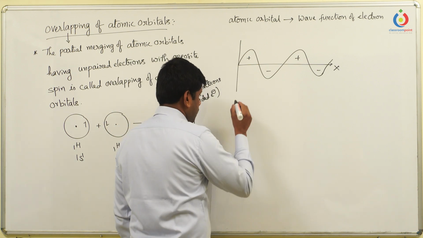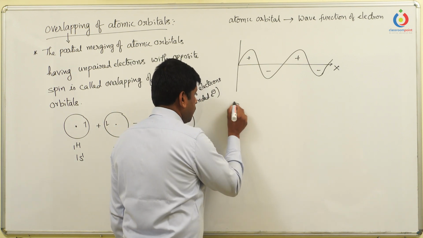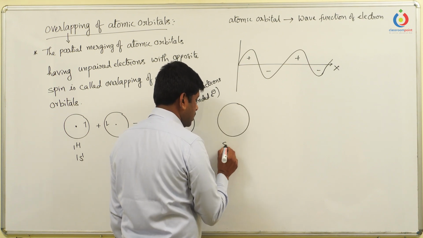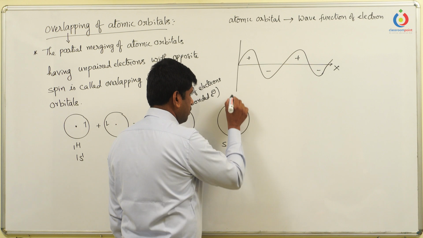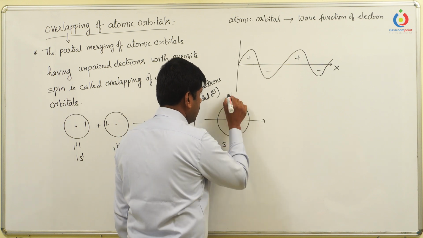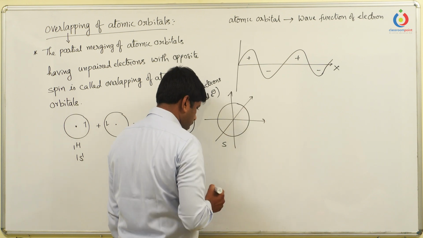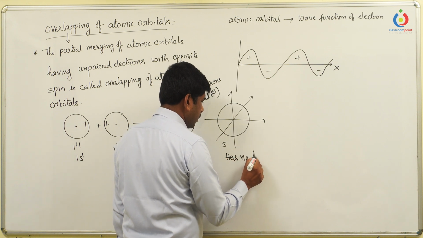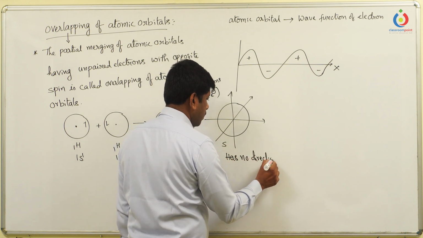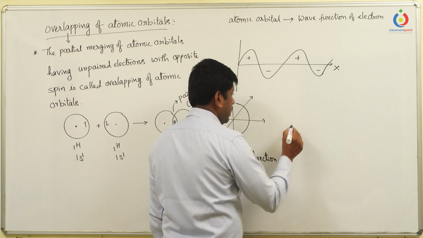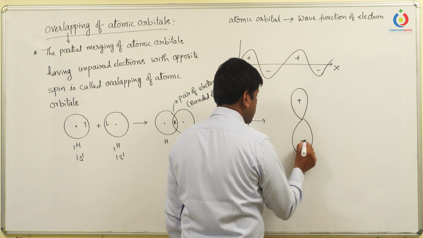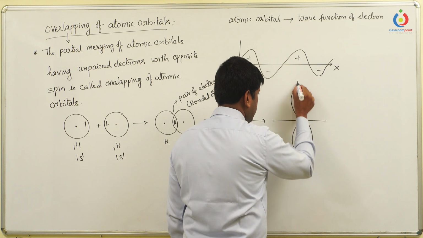Now, if atomic orbitals are considered, we know that the s orbital has no direction. This is the s orbital. It has no direction because its shape is spherical. And when you take the p orbital, plus and minus, p orbitals have direction.